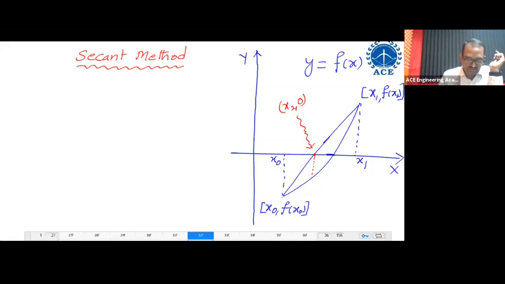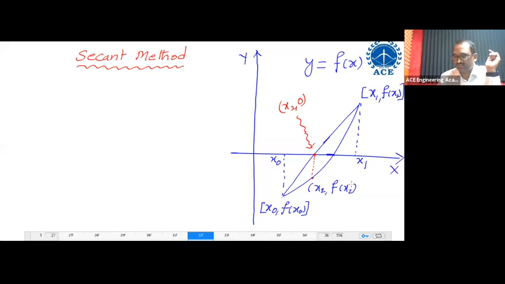This point and this point are both lying on the same vertical line, equidistant from the y-axis. That's why the x coordinate of this point is the same, x2. The y coordinate should be f of x2.